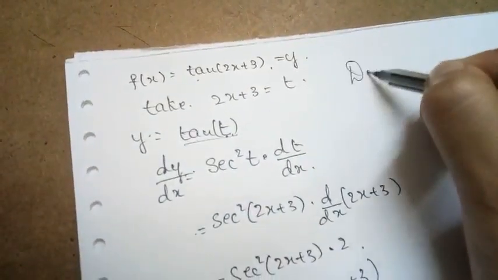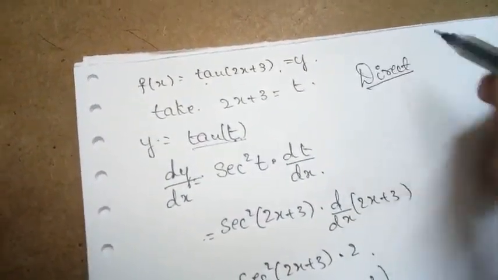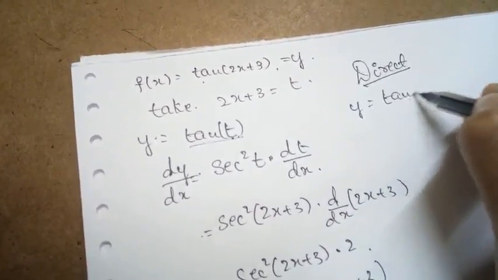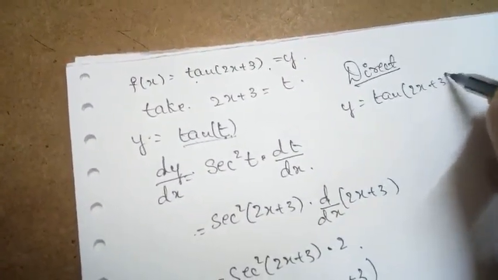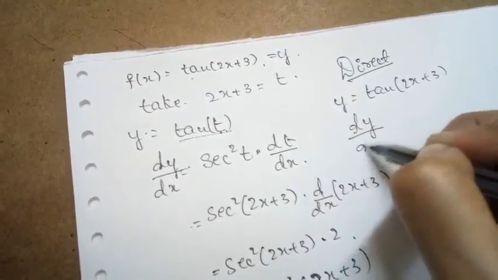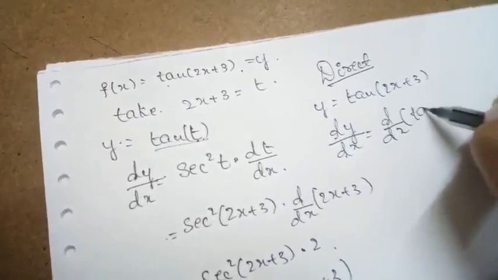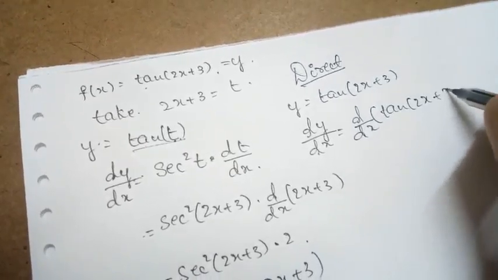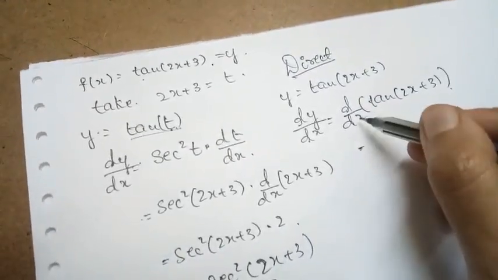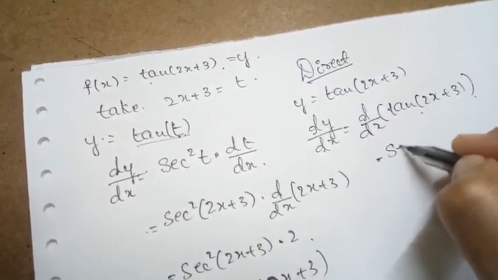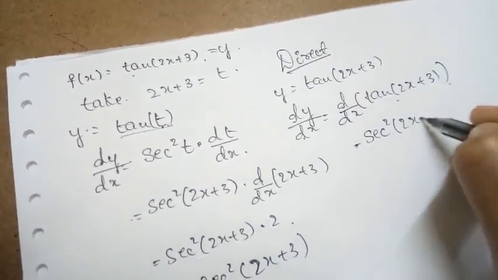Now if I do direct substitution, how will it go? If I take y is equal to tan 2x plus 3, then dy by dx is equal to d by dx of tan 2x plus 3. Now what is the derivative of tan x? The derivative of tan x is secant square x. So it becomes secant square 2x plus 3.